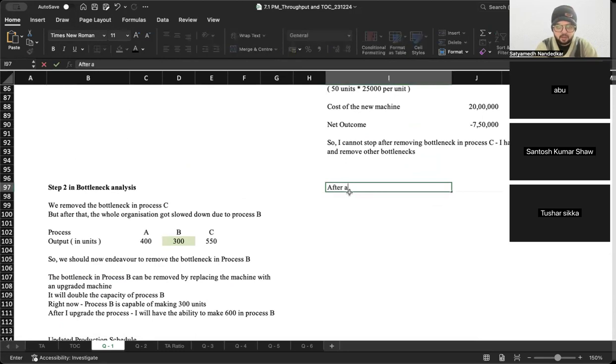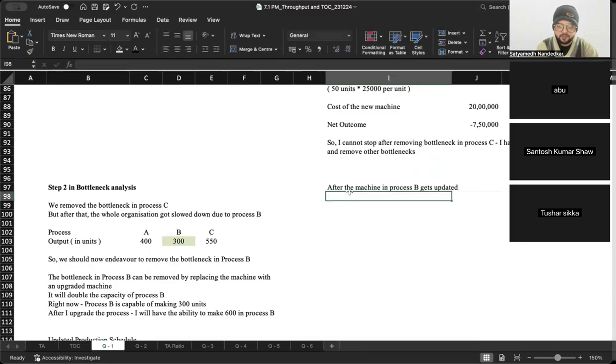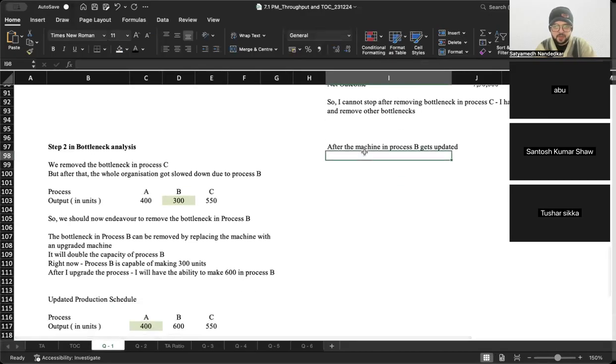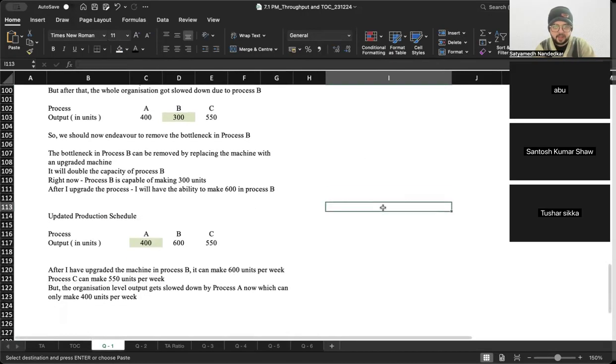After the machine in process B gets updated, output after the machine in process B gets updated. Okay, let's write this here. Let's do the analysis here.